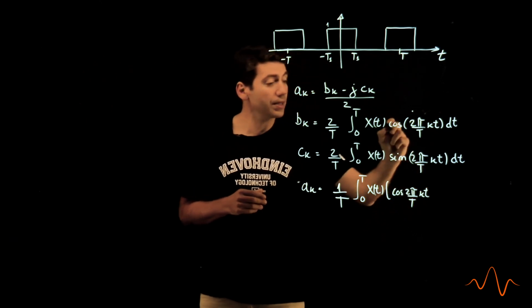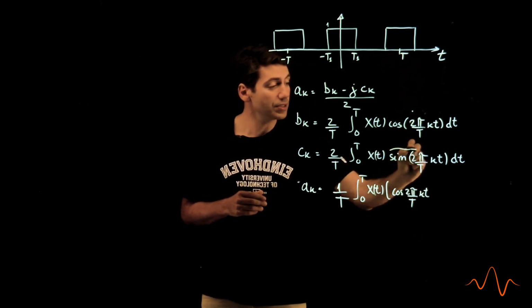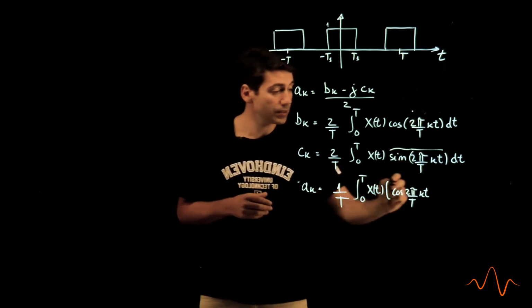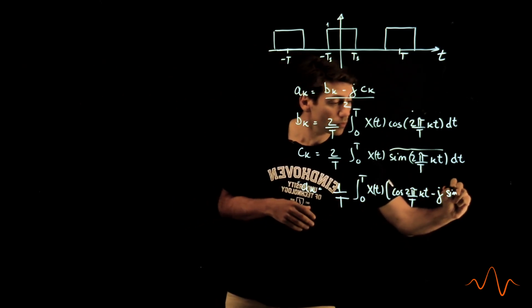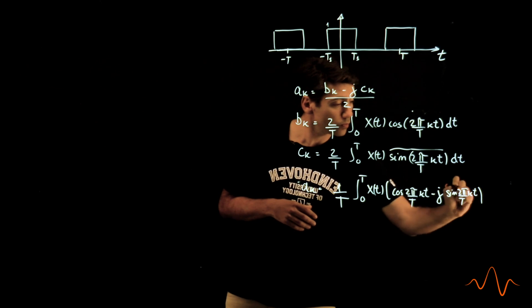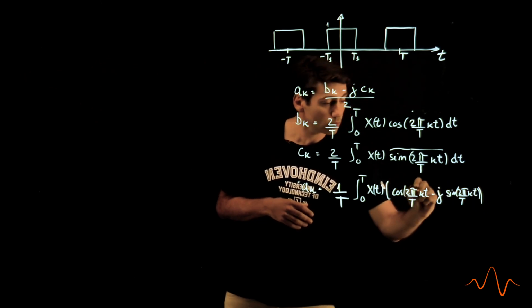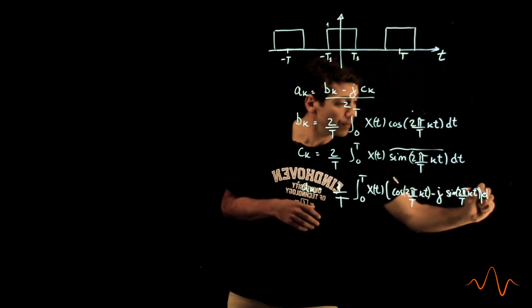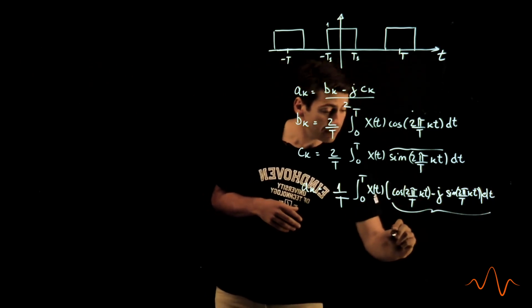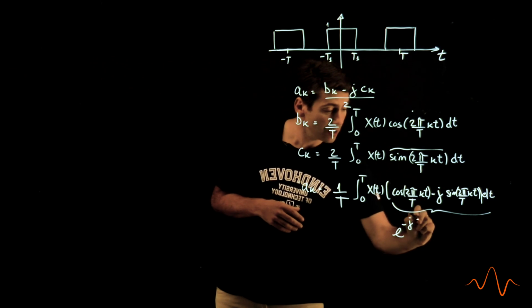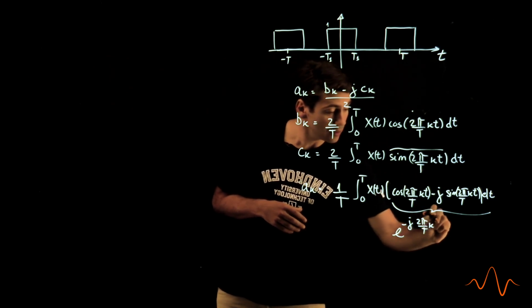And then we get minus j times this term from the C k, dt. If you look here, this is nothing more than the exponential of minus j 2 pi over capital T k t.